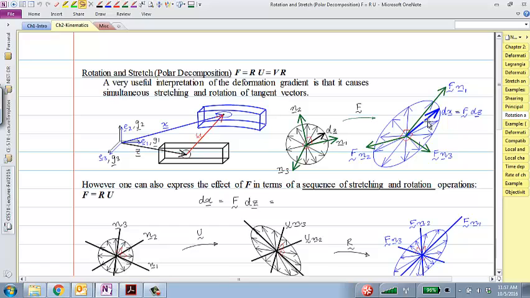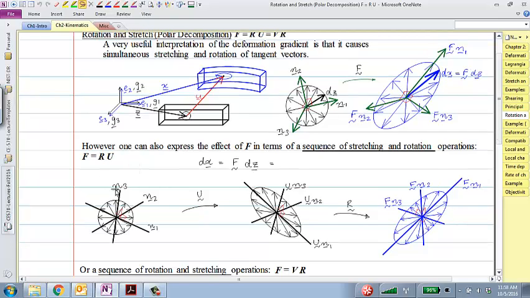Now, another way to interpret this process of deformation: I'm taking this ball, this sphere of arbitrary black vectors, and I could reach this final deformed configuration in one of two ways, by decomposing F into two tensors. One, a pure rotation tensor. So let me write that here. R here is a pure rotation or orthogonal tensor.